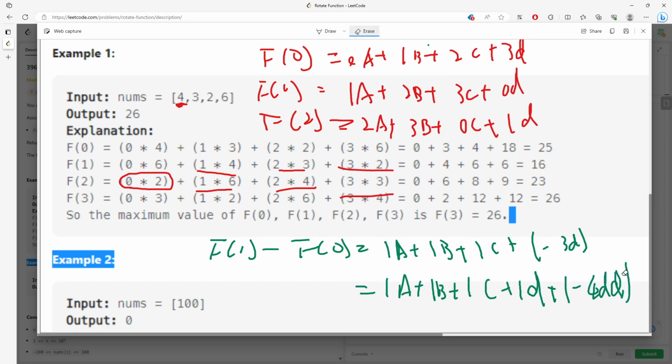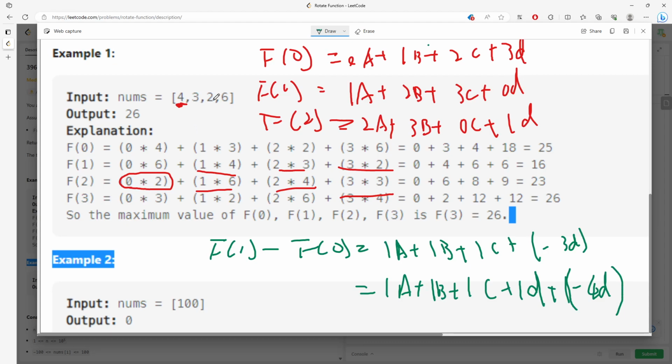If I add another 1D over here, I need to subtract 1D again in the same equation, right? So what is A plus B plus C plus D?